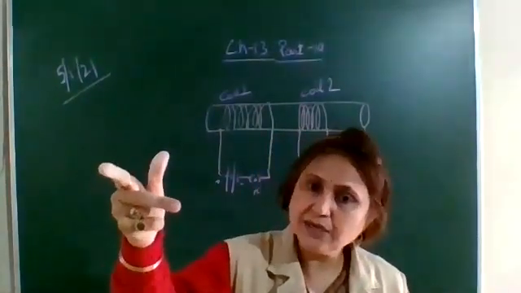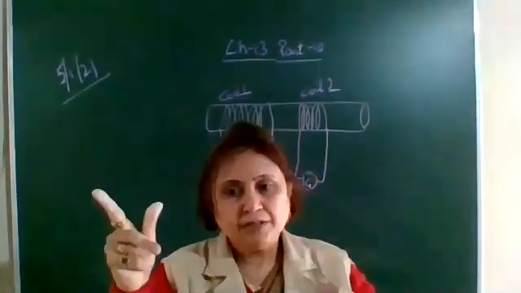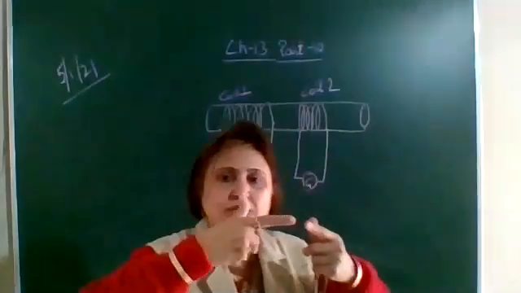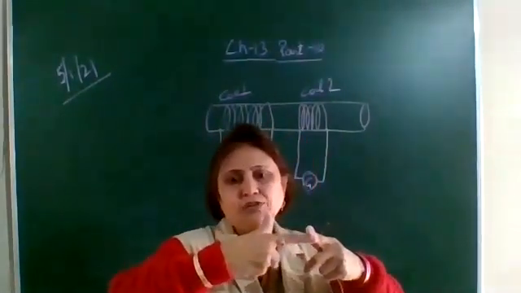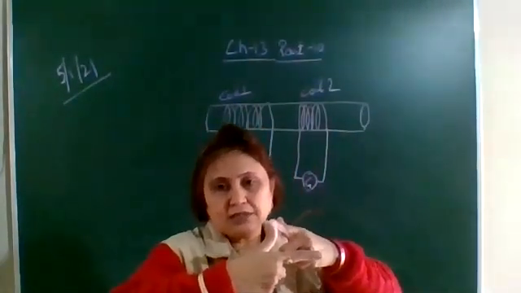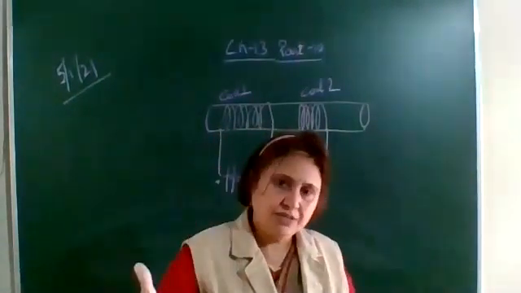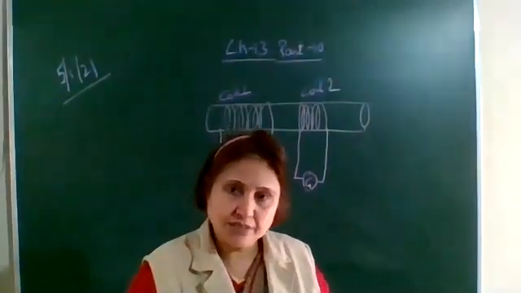The induced current which is produced will be given by the center finger. So we stretch the first three fingers of the right hand mutually perpendicular to each other, such that the forefinger is pointing along the magnetic field and the thumb along the motion of the conductor. Then the center finger will give the direction of the induced current. So this is Fleming's right hand rule, which gives the direction of the induced current.